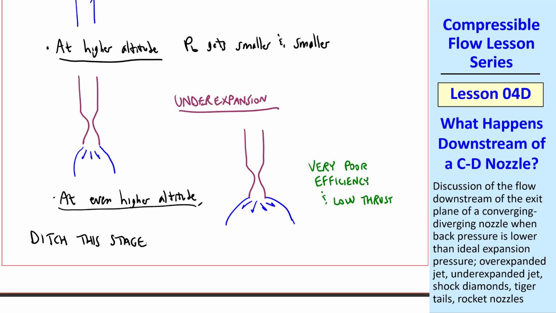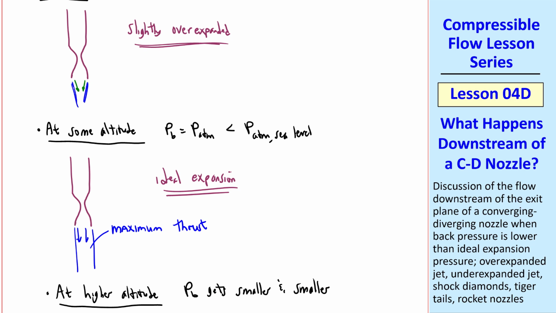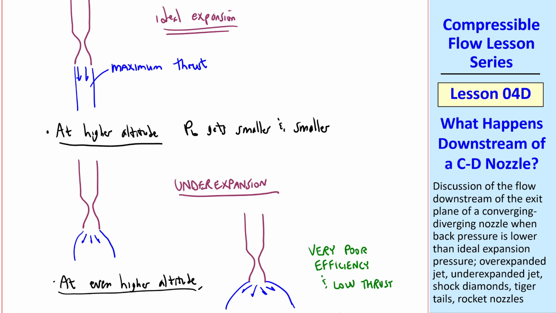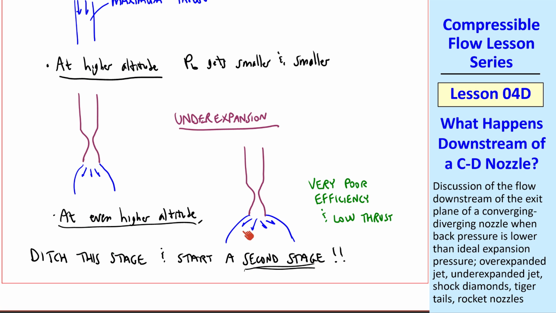We ditch this rocket stage and start a second stage. The second stage rocket will be designed for a very low atmospheric pressure, and rocket scientists have to figure out how much to overexpand the jet at liftoff, where the maximum thrust should be, and how high they want to go until they have to get rid of this stage and start up the second stage.